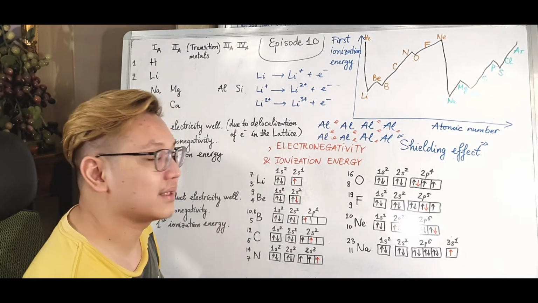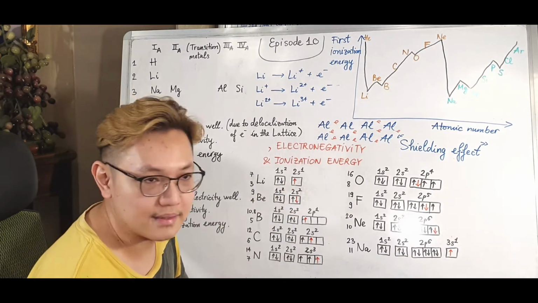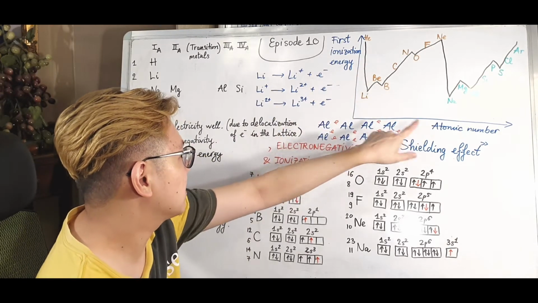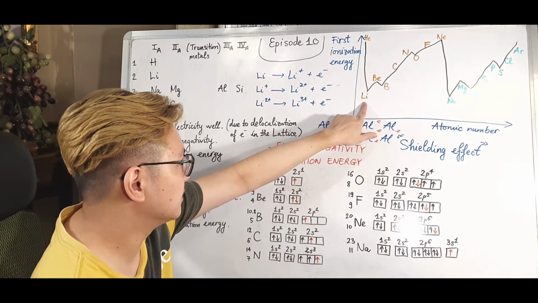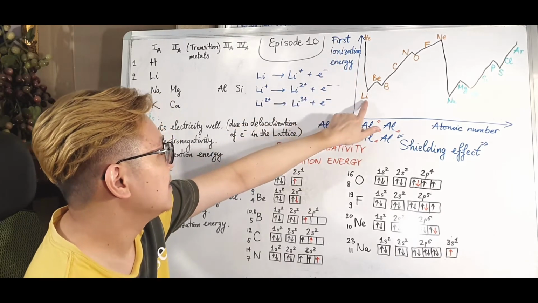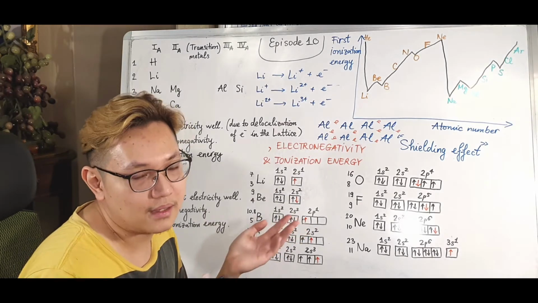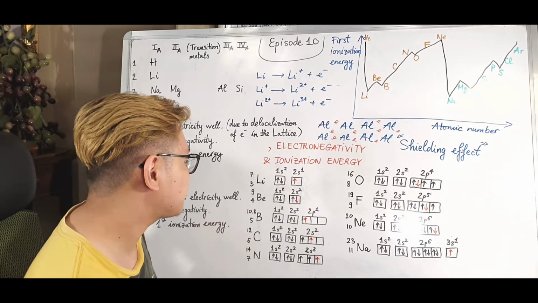So, what do you think? Is it easy to remove this lonely electron? Yes, it is. If you look at this table, this chart, you can see that lithium has relatively low first ionization energy. So it's quite easy to remove this electron because it's lonely. It's alone in this S subshell.